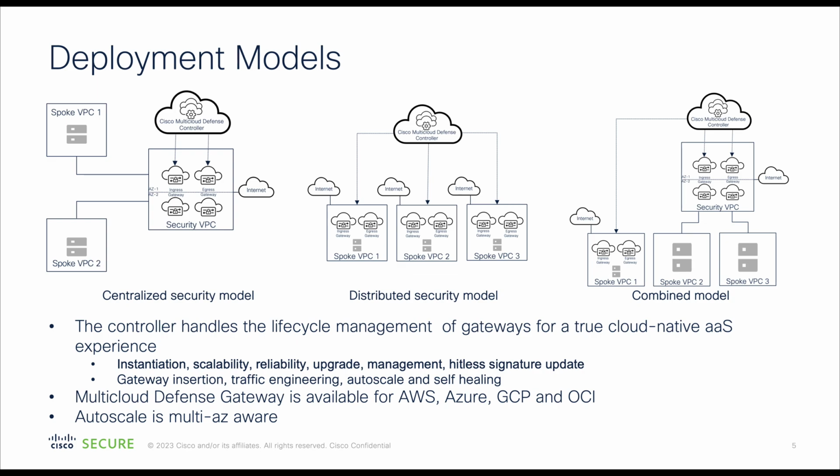All these complex features are automatically handled by Cisco Multicloud Defense Controller. Today, Multi-Cloud Defense Controller is available for AWS, Azure, GCP, and OCI. We also have the multi-AZ awareness for our autoscale.